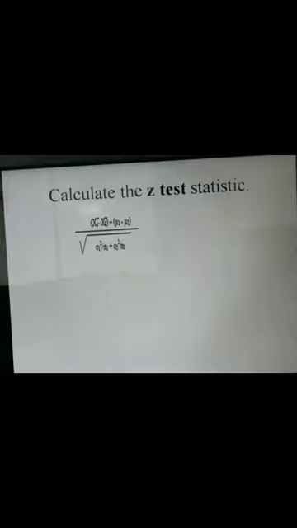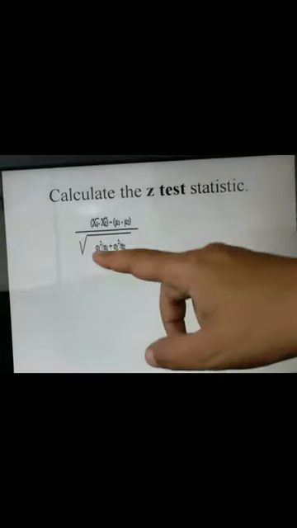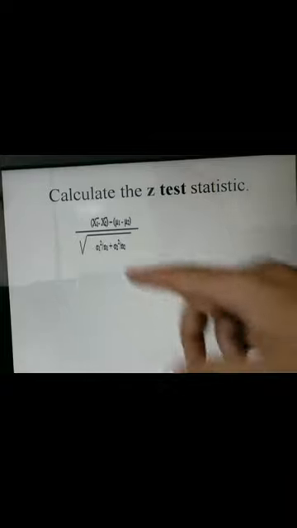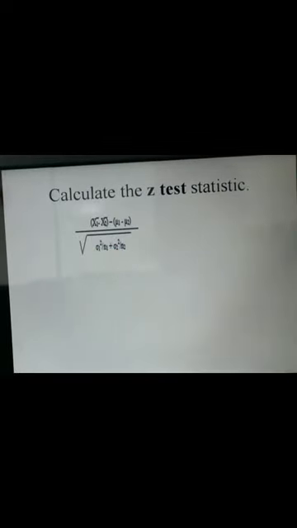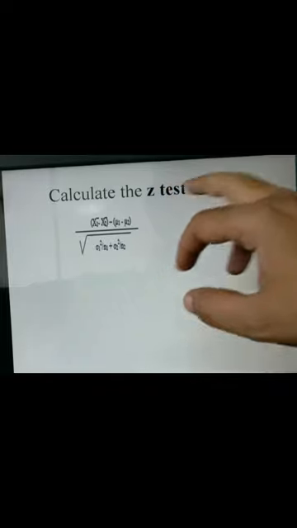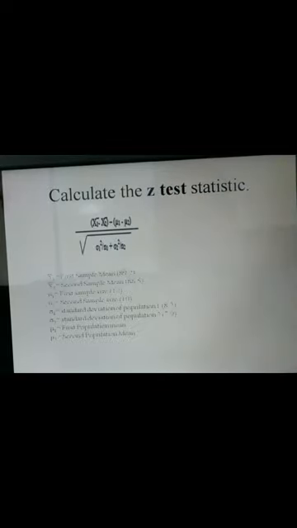Sigma 1 is the standard deviation of population 1, the science students, and sigma 2 is the standard deviation of population 2, the commerce students.